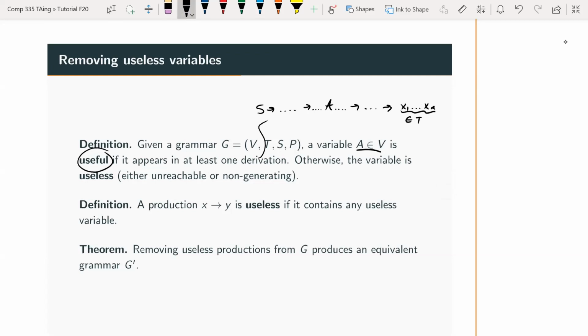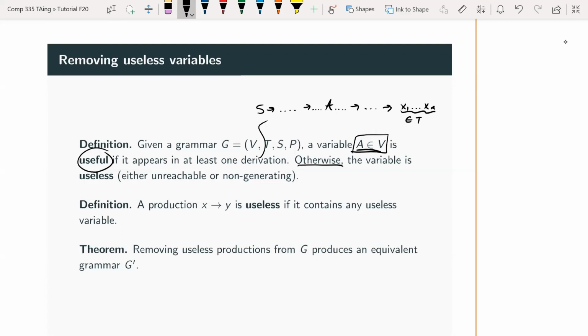So if you can find a sequence of derivations where the variable A is in that sequence, then it's useful. Otherwise, the variable is useless.